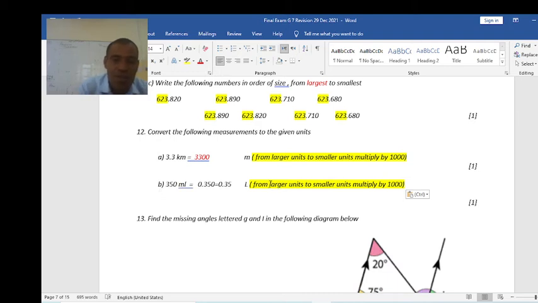From smaller unit to larger unit, we divide.